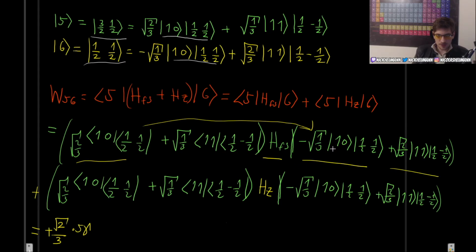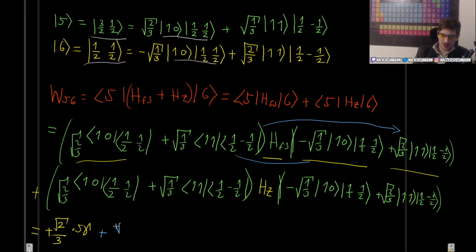I'm gonna get rid of some of these lines. All right, so let's change colors. We get plus, let's see, actually this one is 0, so we have to go for this. We get plus square root of 2 over 3, and then we get state 1, 1, 1 half, minus 1 half.